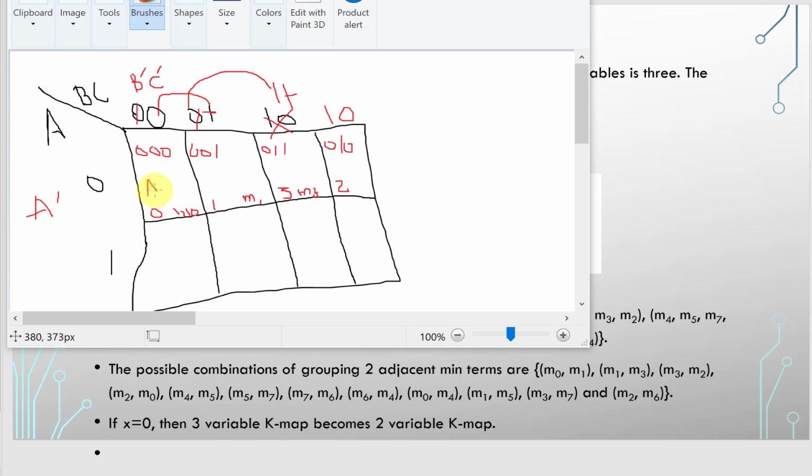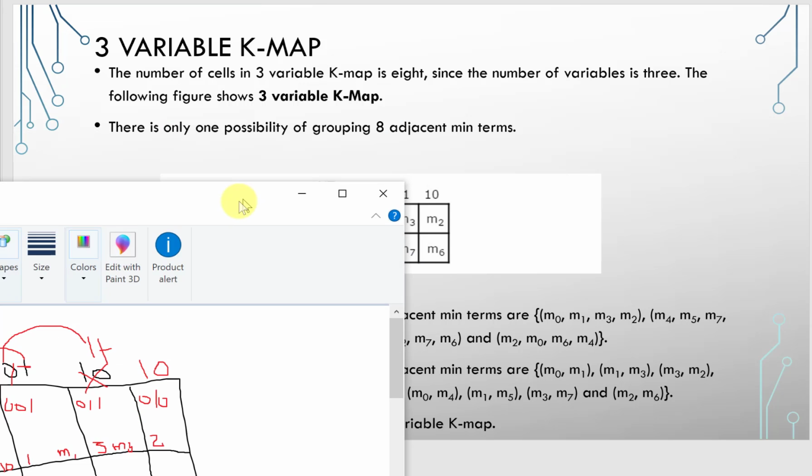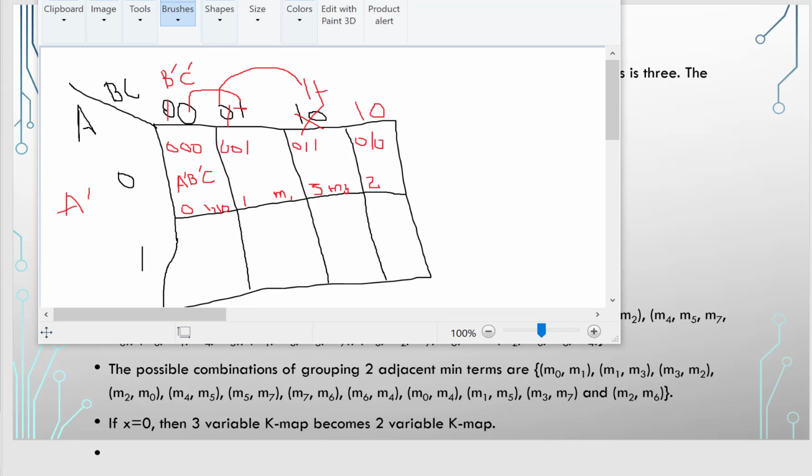And we will write A complement, B complement, C complement, right? And here we have M0 here also, M1, M3, M2, as we have seen here, right?